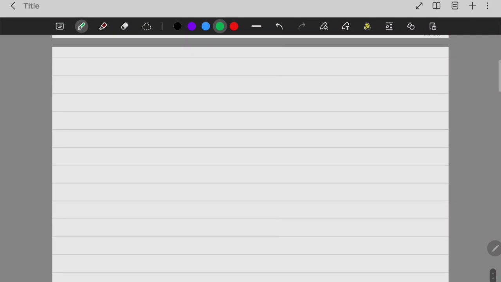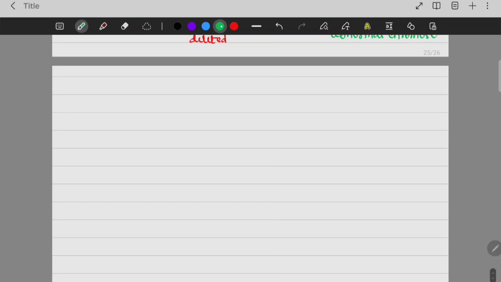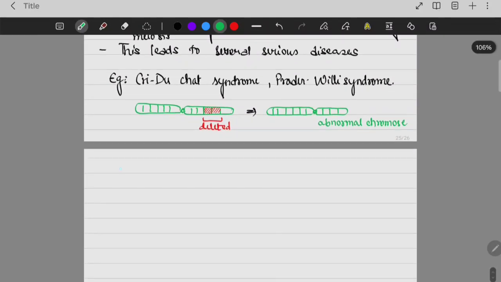Now, the second one is the duplication. As the name suggests, duplication means a portion of the chromosome will be duplicated and repeated, leading to an extra lengthy chromosome.